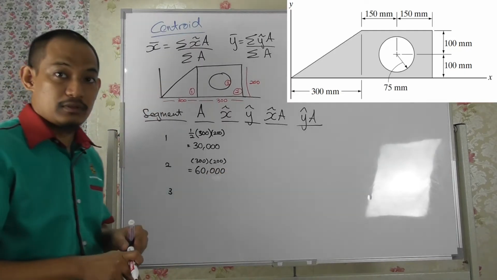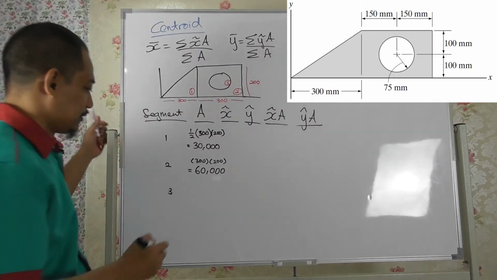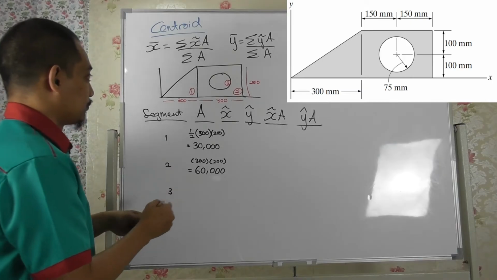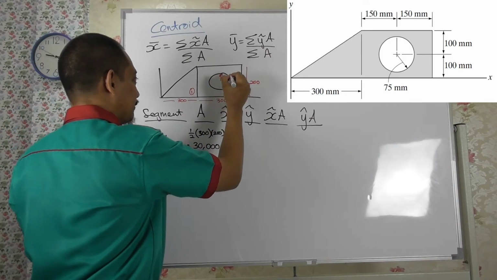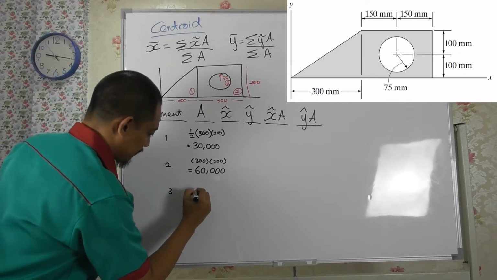And then this one is the circle, so pi r squared. The r is given as 75 millimeter.